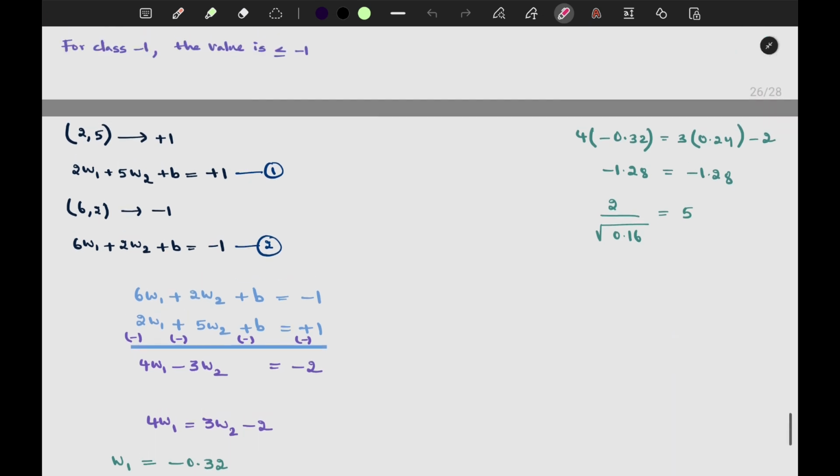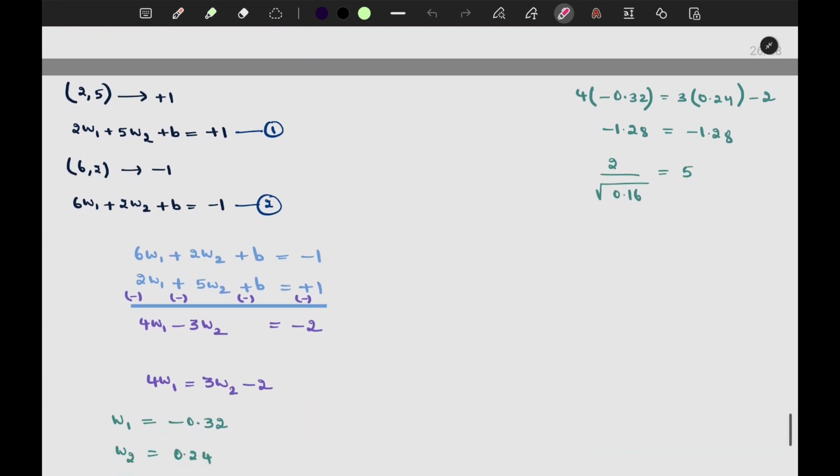I also calculated here, and you might be thinking whether these values are correct or not. So w1 is equal to minus 0.32. Okay, so substitute here 4 into w1, 4 into minus 0.32, as well as w2, which is 0.24. So 3 into 0.24 minus 2.